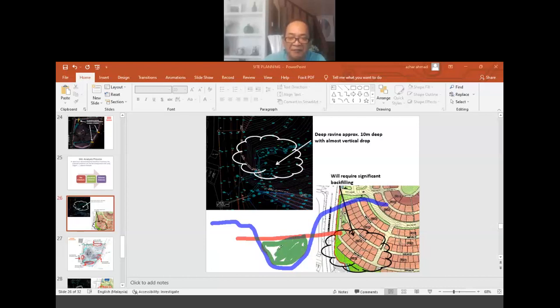All this will be fill. And naturally, if we were to have a building, we have a building here, somewhere here. You have a house somewhere here. Then for the foundation for this, we can't work with the natural pad foundation. We would need a deep foundation solution where there will be some piling works here.